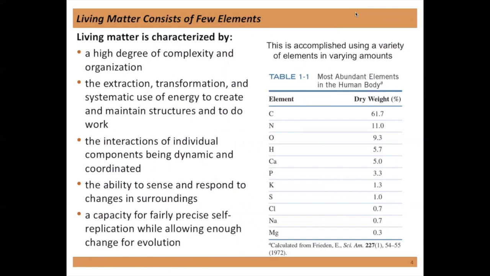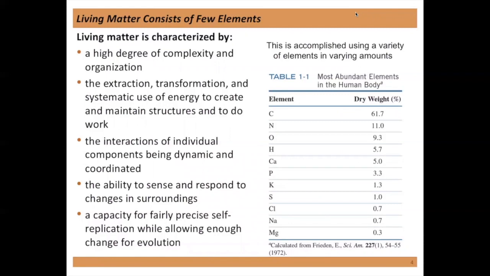If we want to classify living matter, it tends to have a high degree of complexity and organization. We extract and transform energy to create and maintain structures and to do work. Often individual components interact in a coordinated and dynamic way.